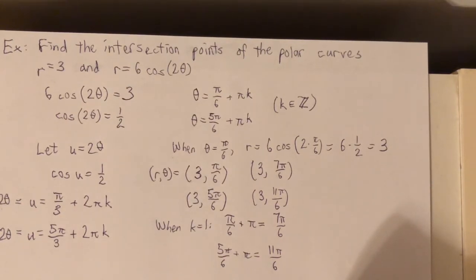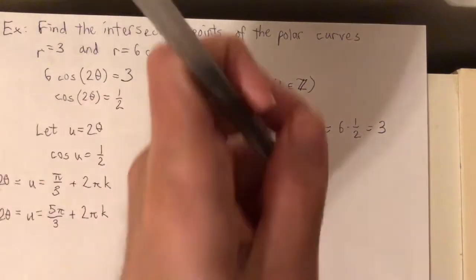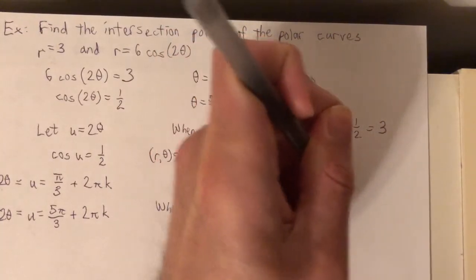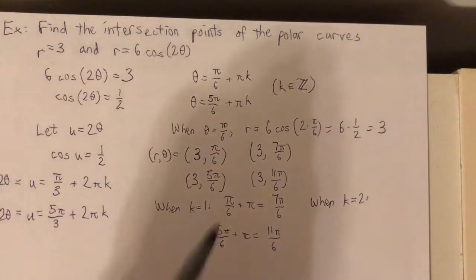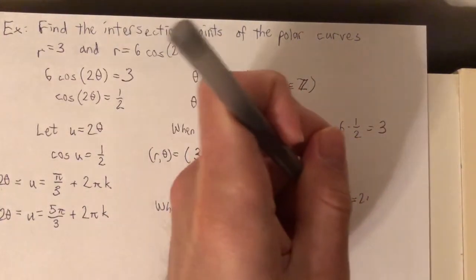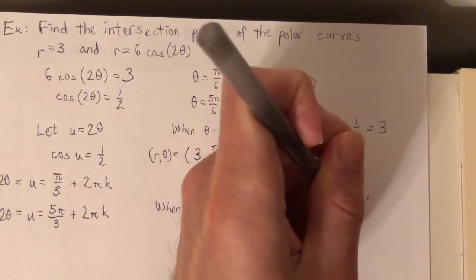Now, if I look at k equals 2, that's going to take me outside the scope of 0 to 2 pi, and what you'll find when k equals 2 is you're going to get pi over 6 plus 2 pi, which is 13 pi over 6.